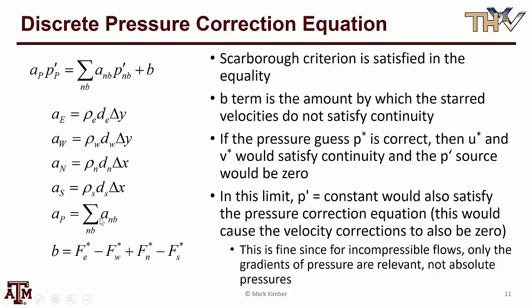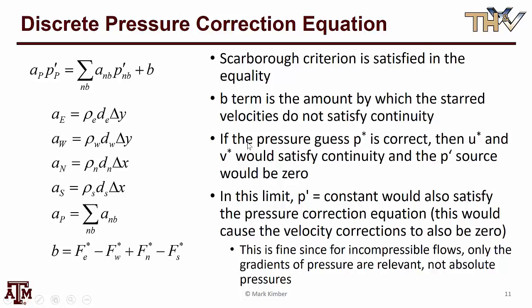So this set of discretized equations is going to be used to solve for the pressure correctors. And you'll notice this B term, which is in effect the source term, is just a sum of the starred quantities. And it's important to realize that once we iterate through this however many times we need to, and get to the solution where U star satisfies both the momentum equations and the continuity equations, then this B term is going to go to 0, because the corrector velocity is near 0, or very, very small.